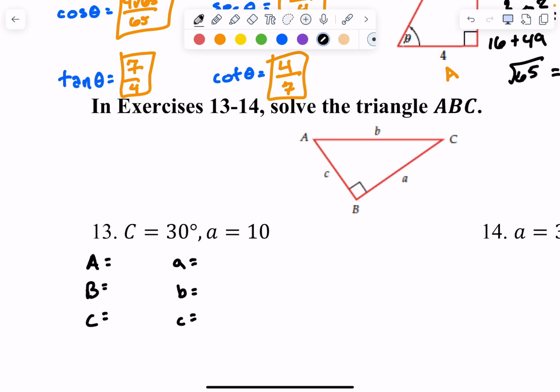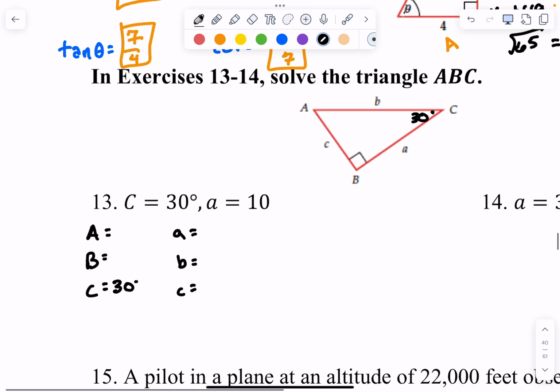We know that capital C, this angle right here, is 30, capital B is 90, and capital A is 60. We can figure that out because these have to add up to 180. Lowercase a is 10. Do you want to find B or C first?